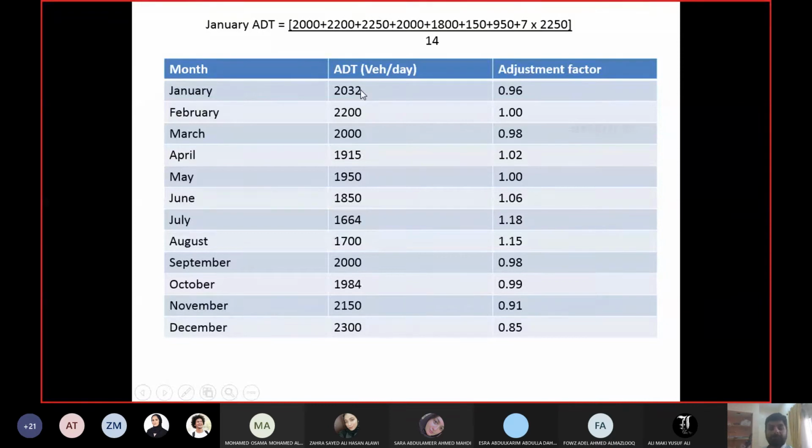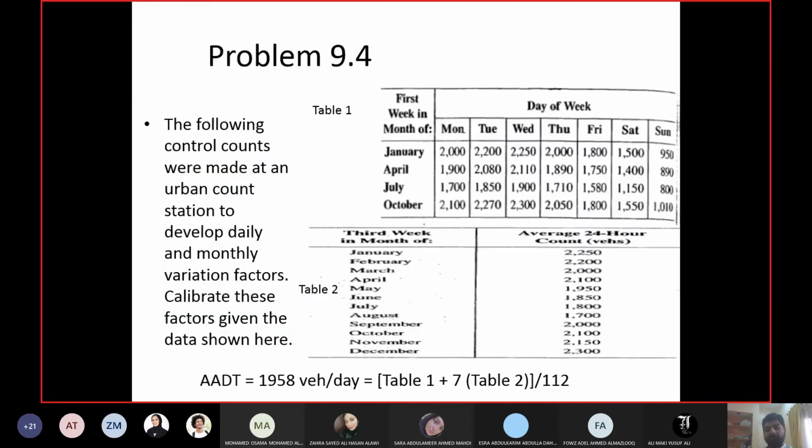For February, it's very easy because I don't have any other week. I have just 1 week of data, which is in the second column, and this is already an average, so you don't have to multiply or divide with anything. The only available data is for 1 week. Just take 2200.